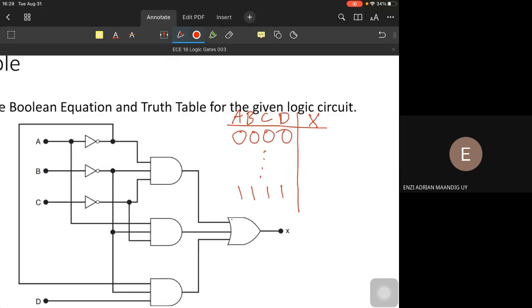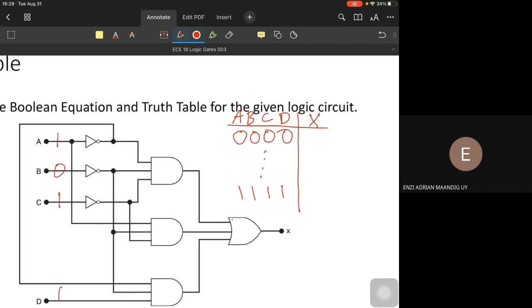So wala kita choice, ato gina isa-isahon. Let's say for example 1010. So first kaning end gate, 1, 1, so 0. Di man sila 1 tanan and end gate, so 0 gid dire. How about kaning end gate? 1, 1, 0, 0 gyapon.